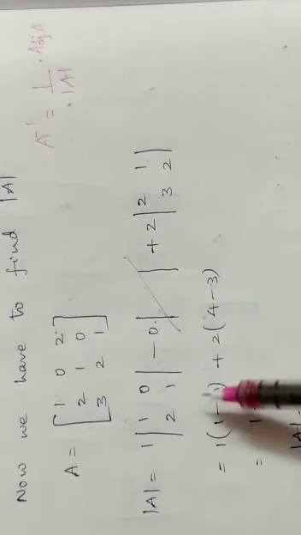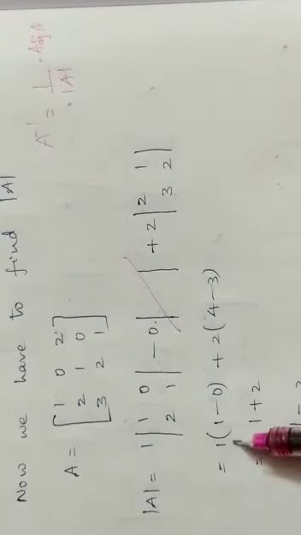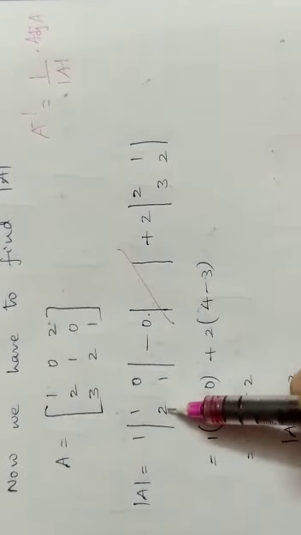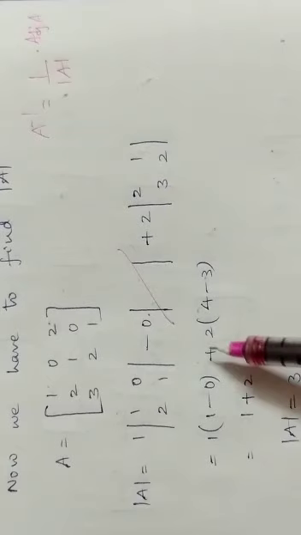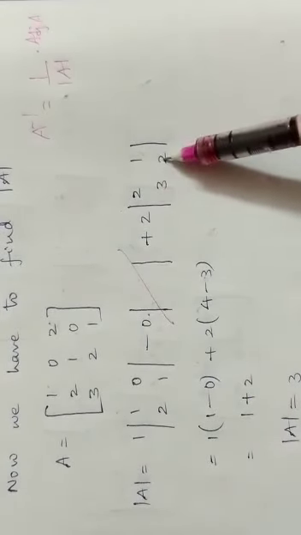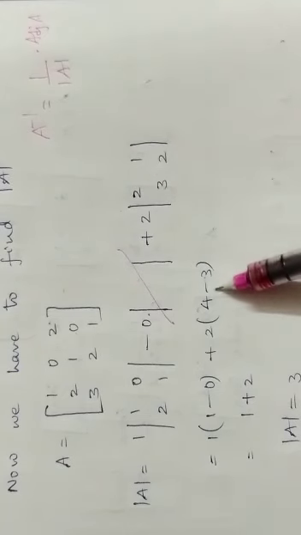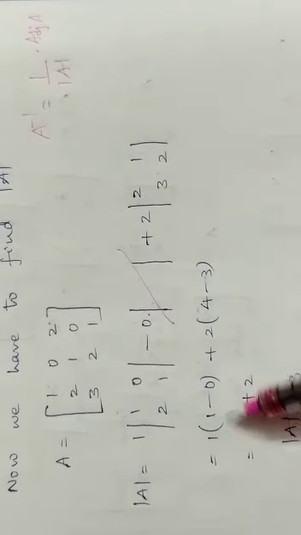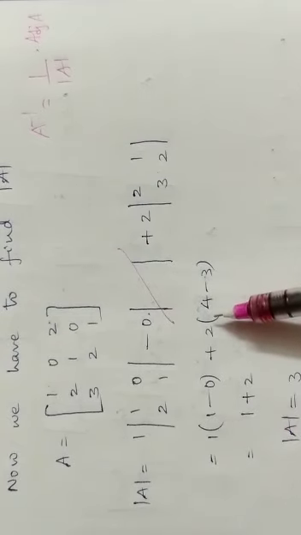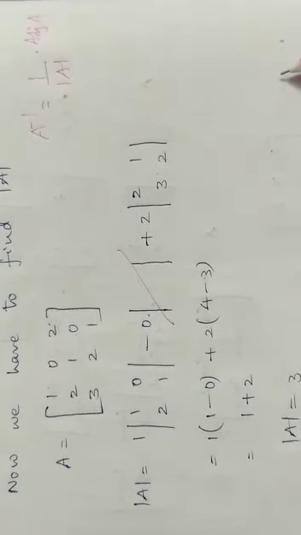So this is removed. 1 into AD, 1 minus 0, plus 2 into 2 2s are 4 minus 3 1s are 3. 1 into 1, 1. 4 minus 3 is 1 into 2, 2. 1 plus 2 is 3.